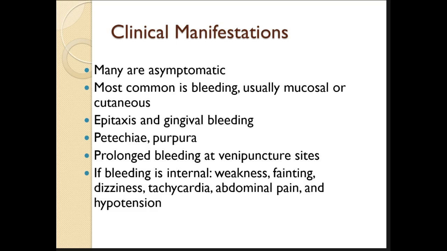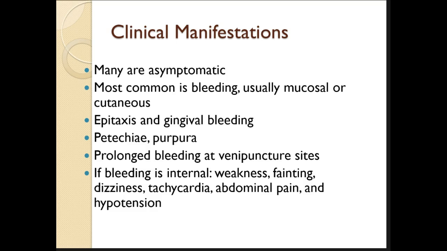Bleeding into the skin is manifested as petechiae, purpura, or superficial ecchymosis. Petechiae are small, flat, pinpoint, red or reddish-brown microhemorrhages. When the platelet count is low, red blood cells may actually leak out of the blood vessels and into the skin to cause petechiae.